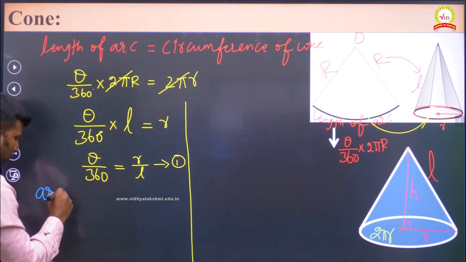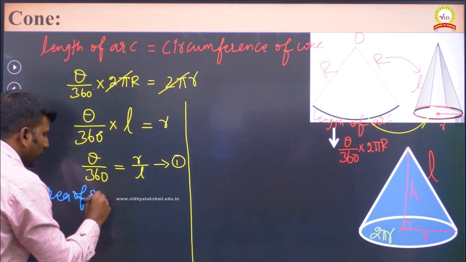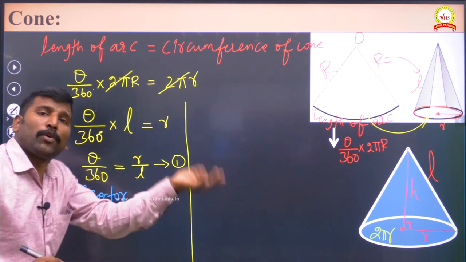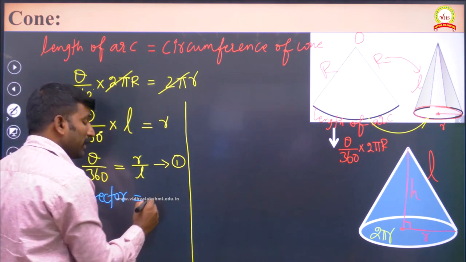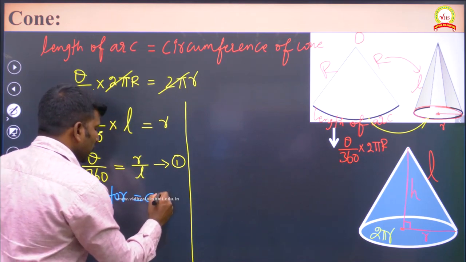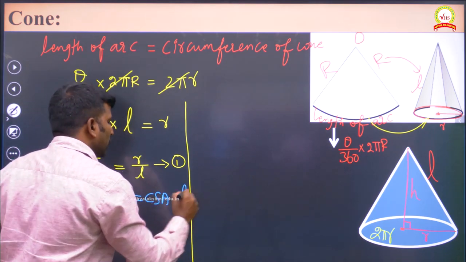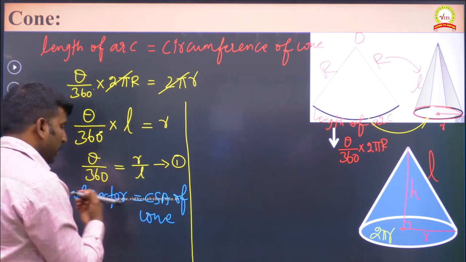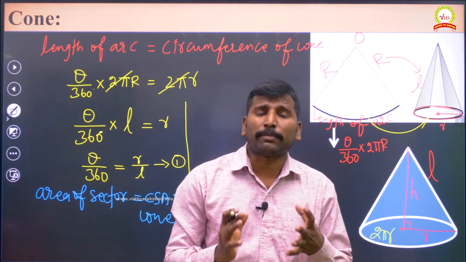Area of sector is equal to area of a cone, that is, the CSA of a cone. So the CSA of cone and area of sector are equal. What is the area of sector formula?